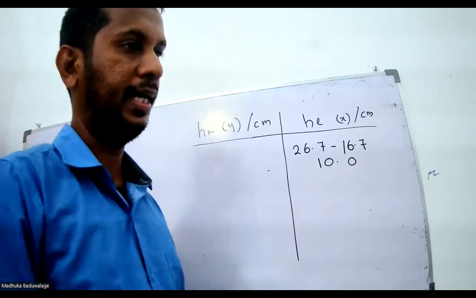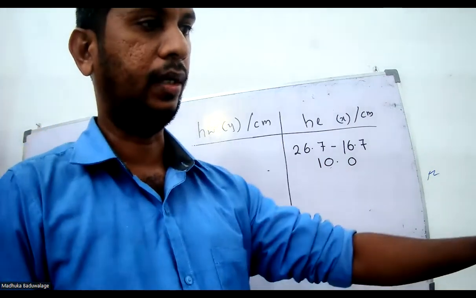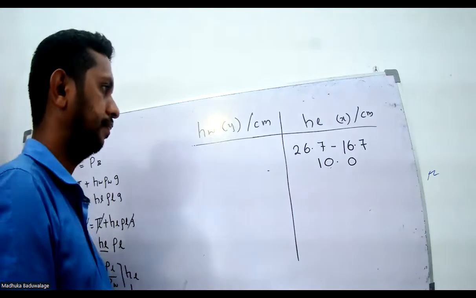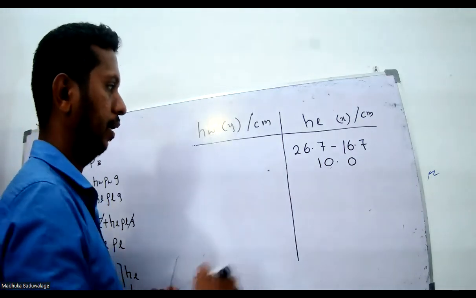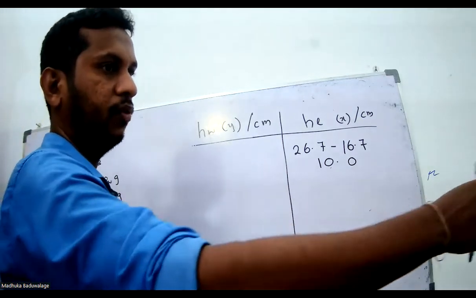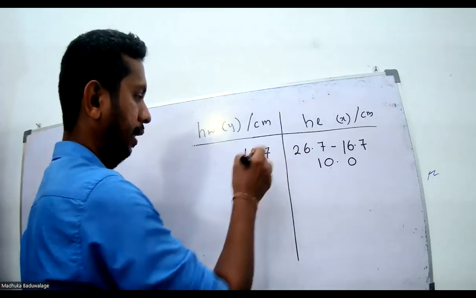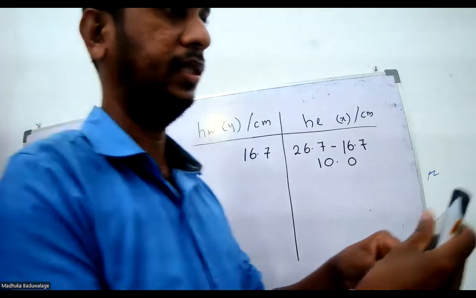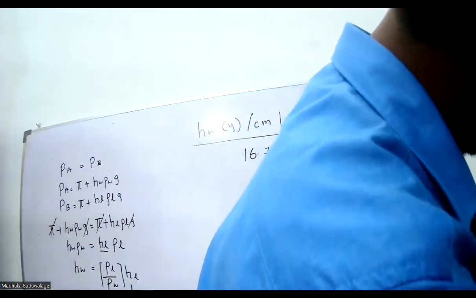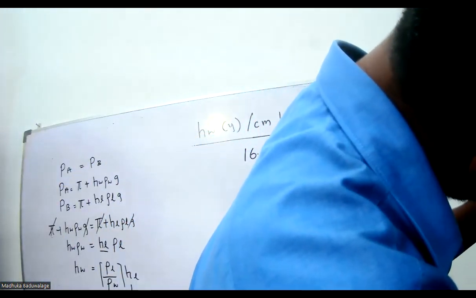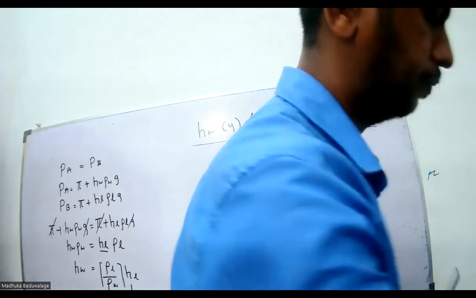Now I am going to find out the relative height of the water column. I have to measure the height of the water column also relative to the common interface level. So I am going to find out the upper meniscus position of the water level now. It is 25.5.